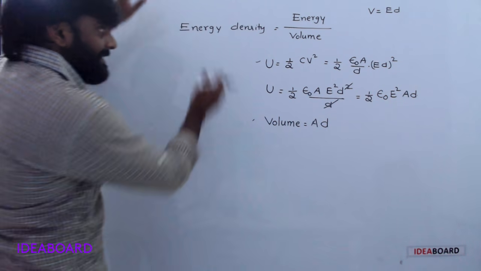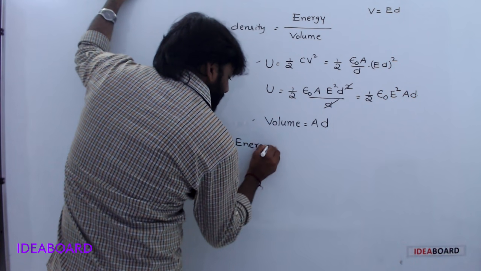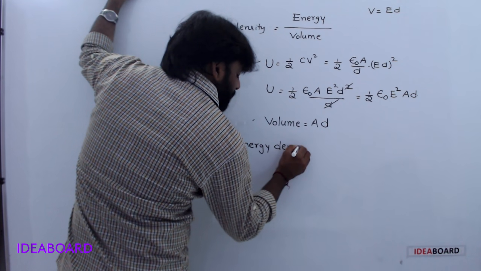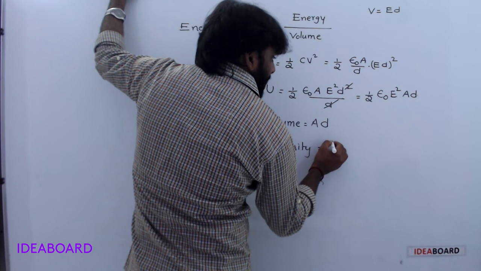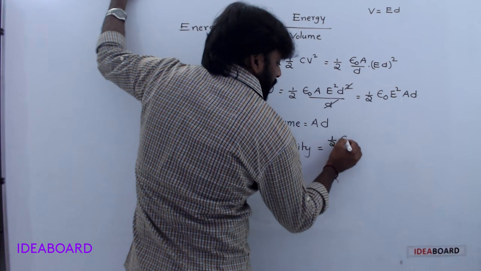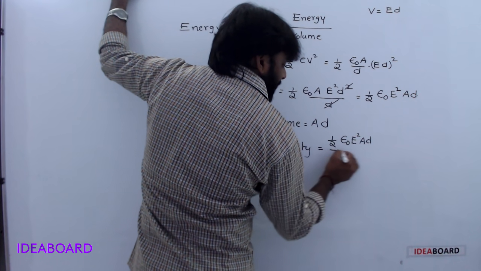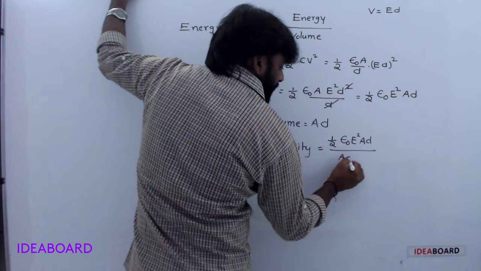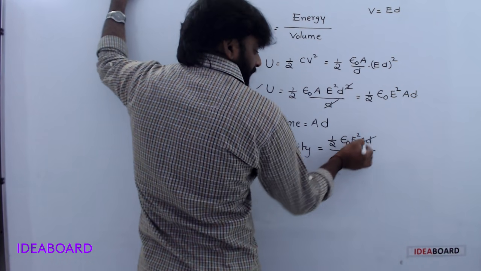Now here energy density is equal to energy, ½ε₀E² into Ad, divided by volume Ad. Understood? It is the energy. This one is volume.